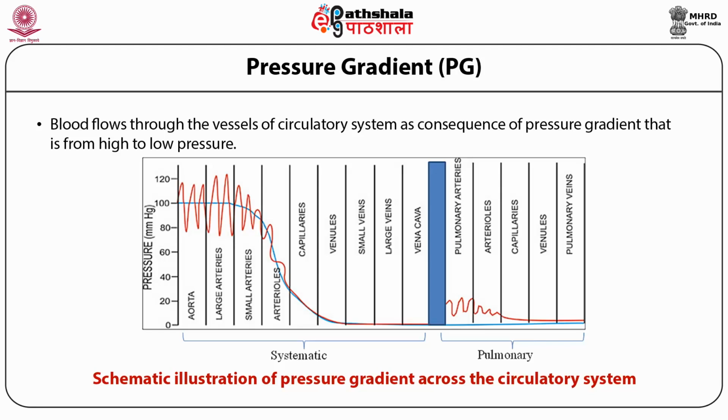Compared with the aorta, the pressure in large and medium-sized arteries falls only slightly, while it falls rapidly in small arteries and arterioles. The pressure continues to decline through the capillary and venous systems. Similarly, for pulmonary circulation, the right ventricle has higher pressure than the left atrium.